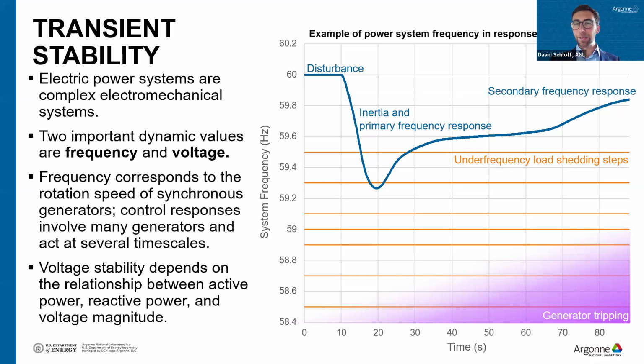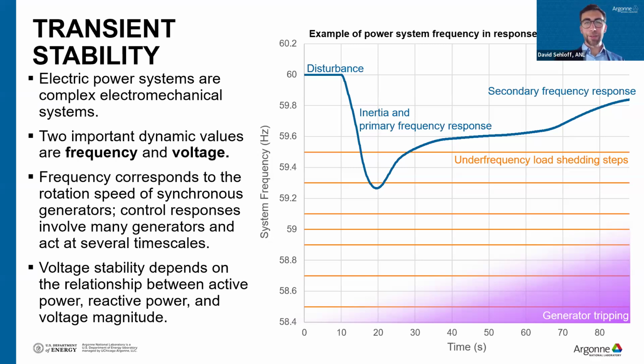And then as we get farther along, some of the slower responses can happen. But this all happens very quickly within a couple of minutes. If it gets to be very low frequency for a long time, then generators can trip, which is a bad situation because losing generators can make this problem much worse.